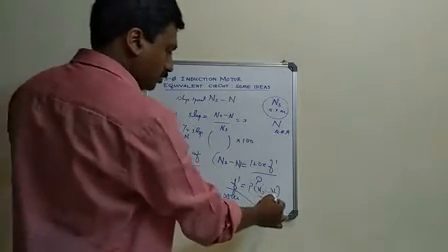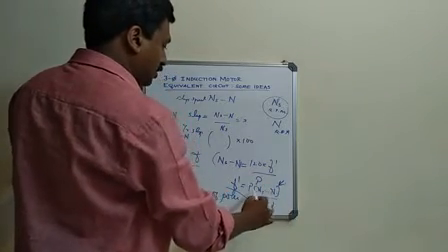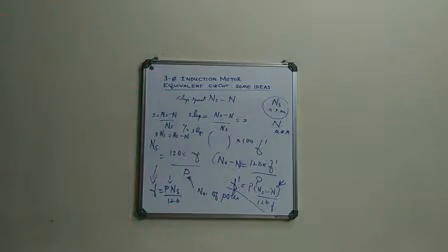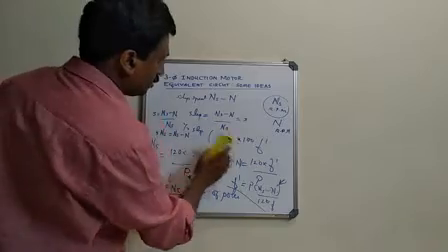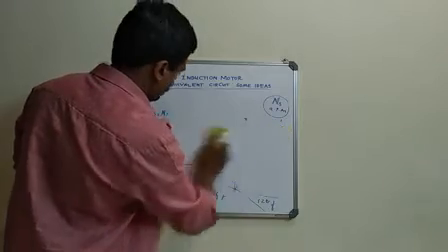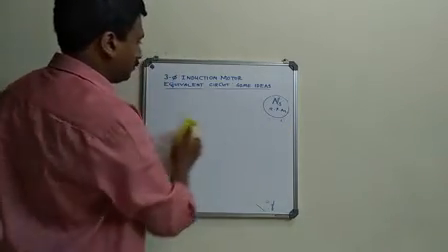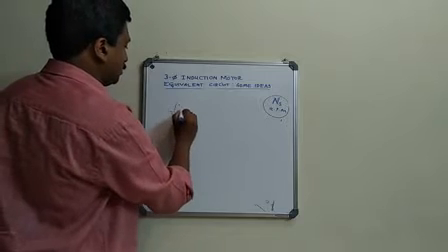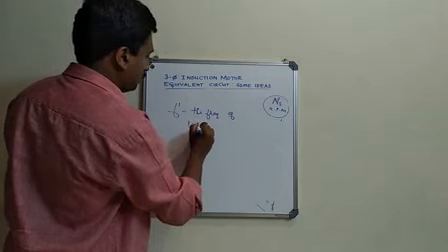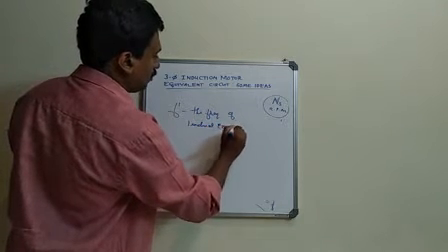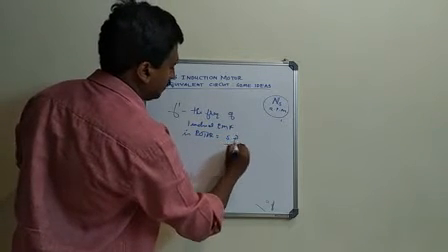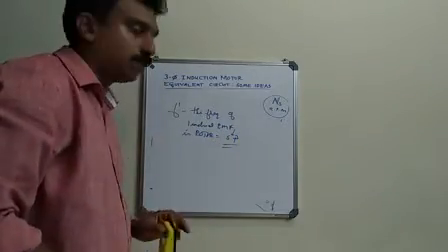Thus you can substitute here, and finally what you get is f dash, the new frequency of the rotation, the frequency of induced EMF in the rotor, is equal to s times f. This s is the slip.